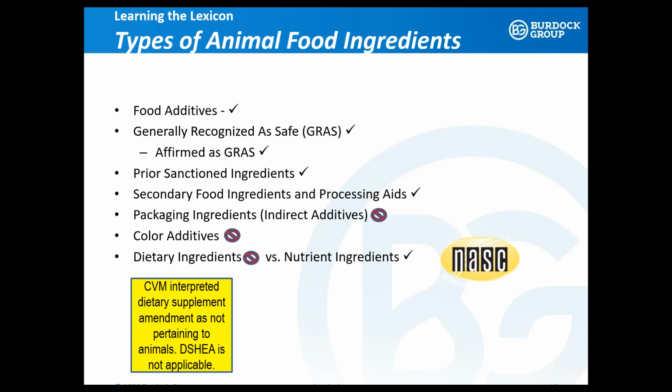However, there are nutrient ingredients or dosage form products, and it's kind of a unique little area of animal feed or pet food. If you want to know more about it, I highly recommend reaching out to Bill Bookout at NASC, and he will give you the grand tour of dosage form products. But just remember, dietary supplement regulations do not apply to animal feed, so that means you can't do structure function claims as well.